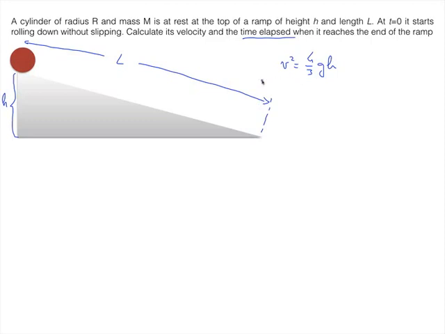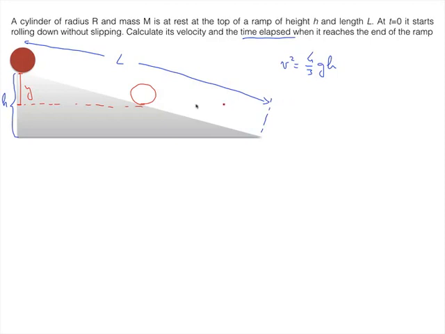I want to emphasize the fact that this formula is totally general. If we consider a given distance, let's call it y, a given vertical distance for a given instant of time in the middle of the ramp, for example in this position, we can write exactly the same expression substituting the h by the y.